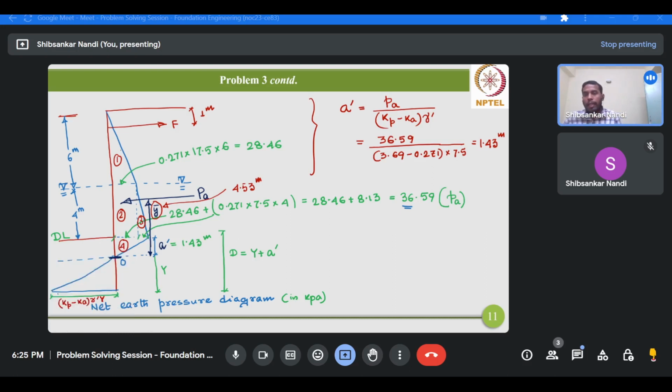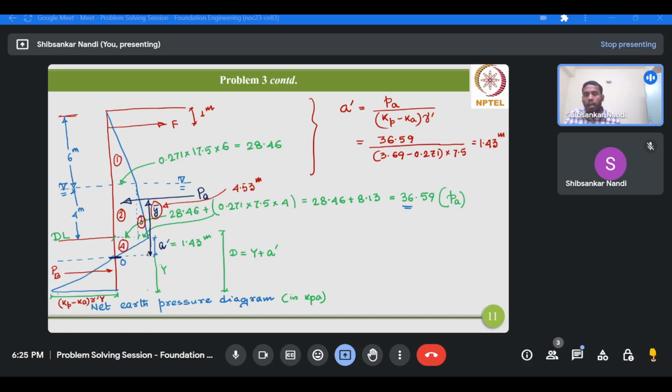Now when we take the moment about this anchor, the lever arm will change. So we'll again consider basically two forces: this PA and this force PB, from the left hand side.